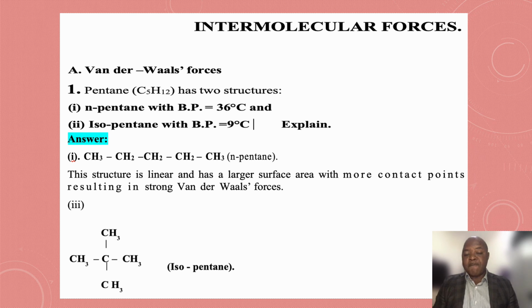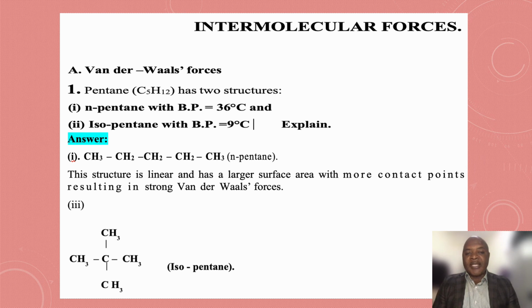It is linear, it has more contact points, it has a larger surface area, and all these result in more van der Waals forces. And when there are more van der Waals forces, the force of attraction between the molecules becomes stronger and will require more energy to overcome it.